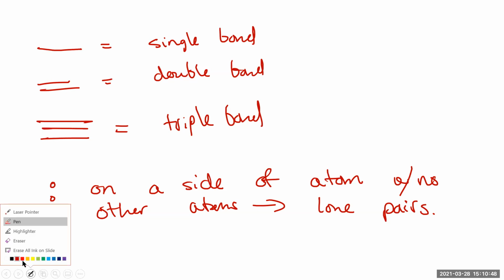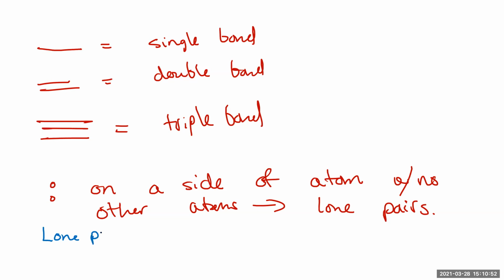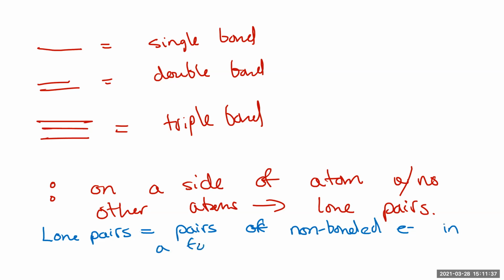And of course, you should have read about lone pairs at this point, but let's just briefly mention what lone pairs are. Well, we can view lone pairs as pairs of non-bonded electrons in a full orbital.